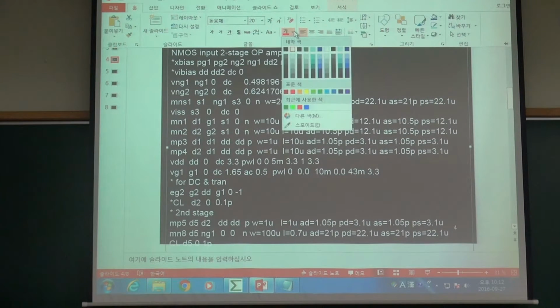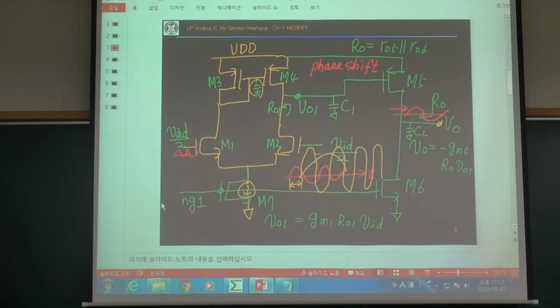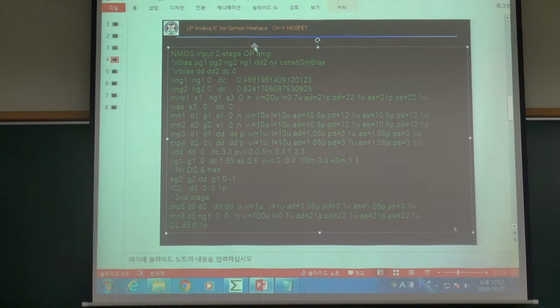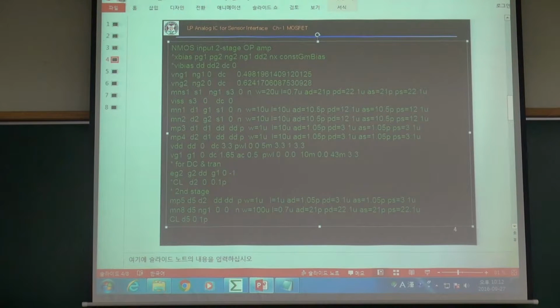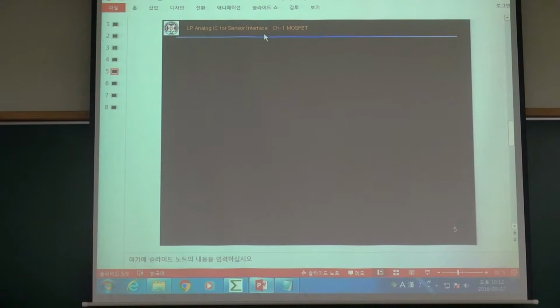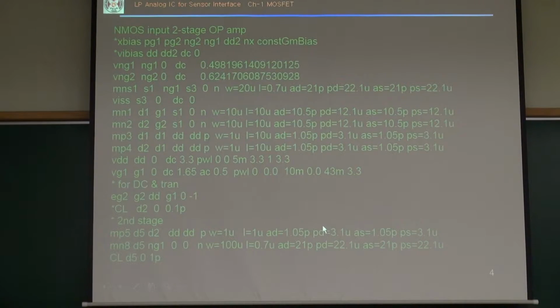Let's look at the two-stage op-amp. We use the same differential pair, 10 by 10, and 1 by 10 for PMOS.